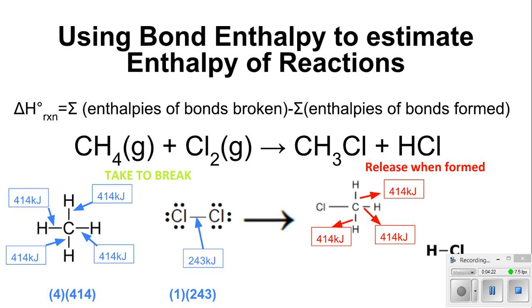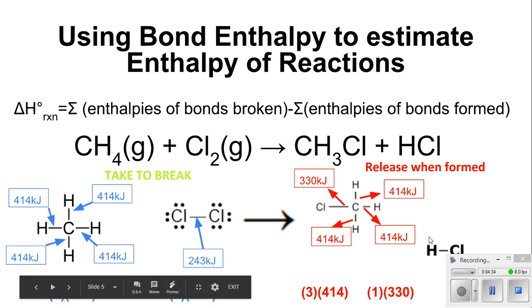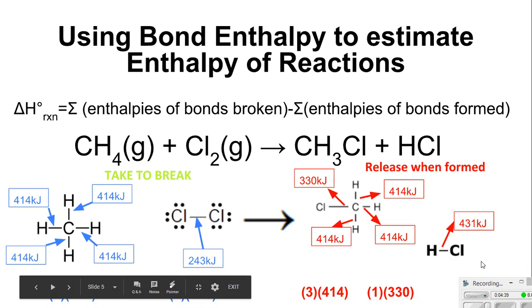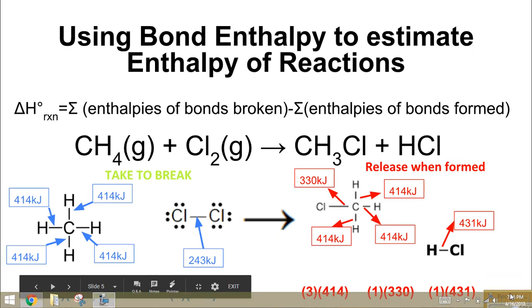However, now we have the carbon and chlorine bond, and that's going to be 330 kilojoules. So 3 times 414, and 1 times 330 for the carbon-chlorine bond here. And then I look over here at the hydrochloric acid, and the hydrogen-chlorine bond is 431 kilojoules. So I'm going to add that over here.